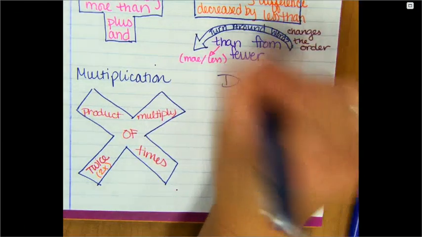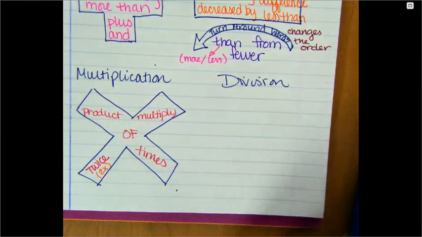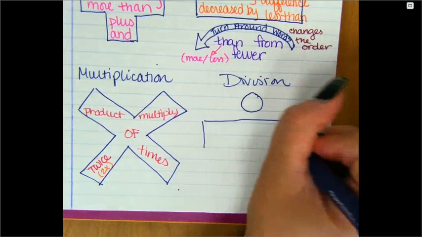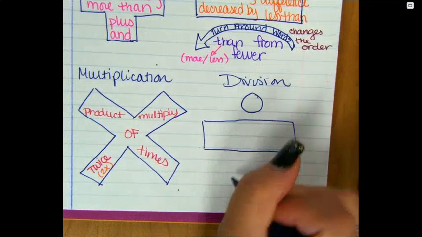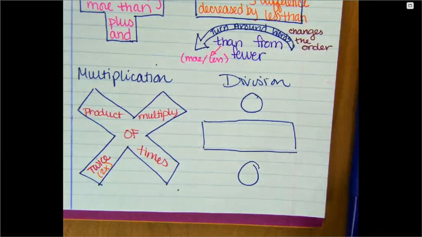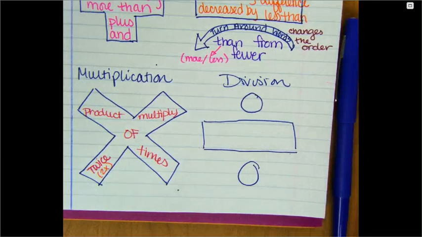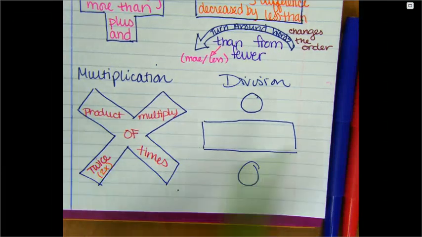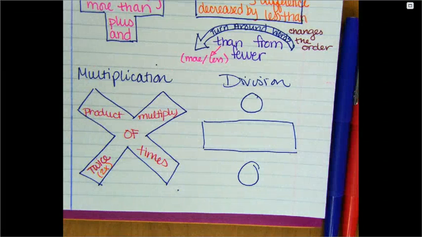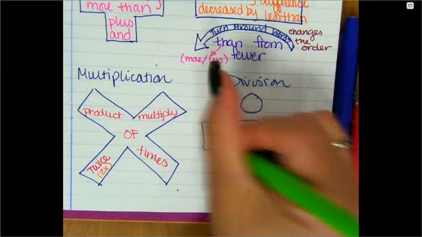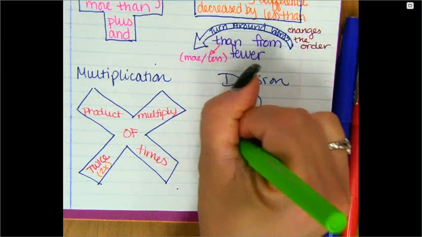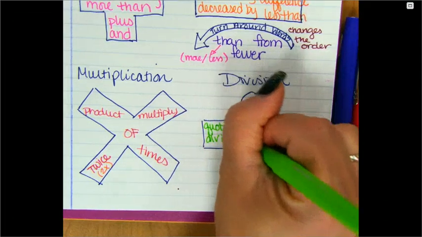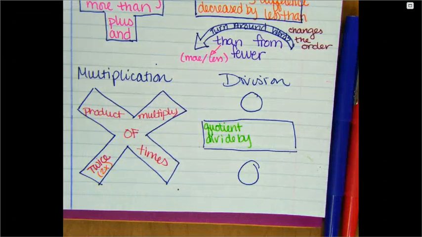After multiplication is division. We're going to draw the old division sign, just so we can write our words inside it. All right, what represents division? What words? Quotient. What else? Divided by. What else?